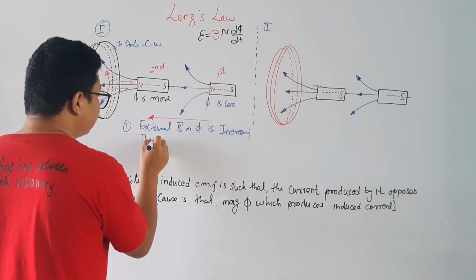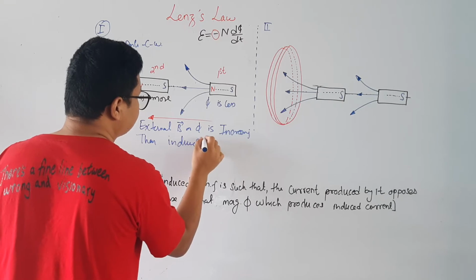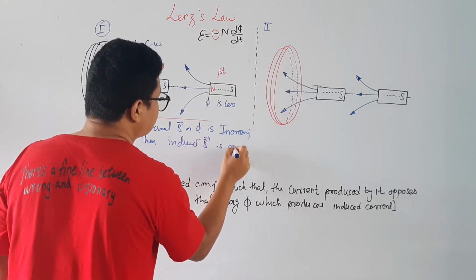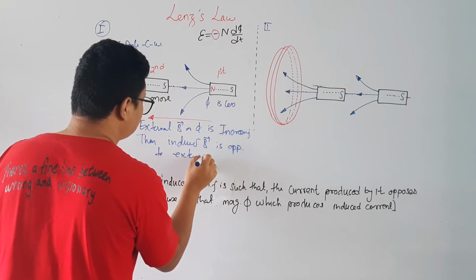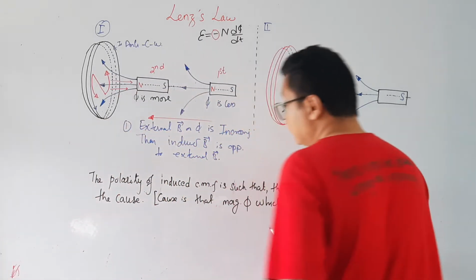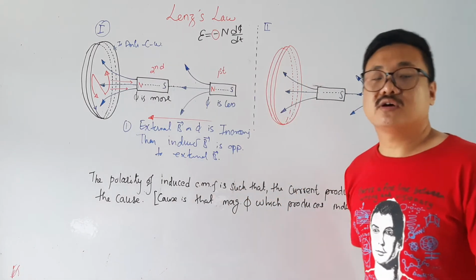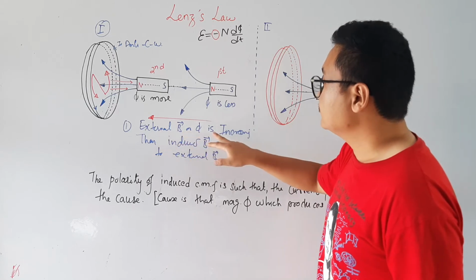The induced magnetic field is opposite to the external magnetic field. This is very important. If you remember this, then we can solve any type of question. The external magnetic field is increasing.